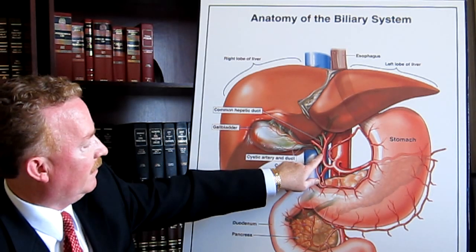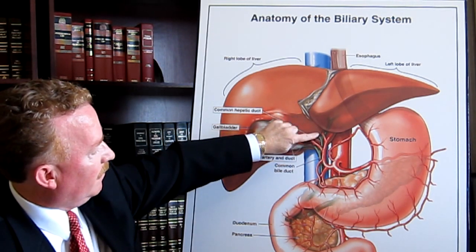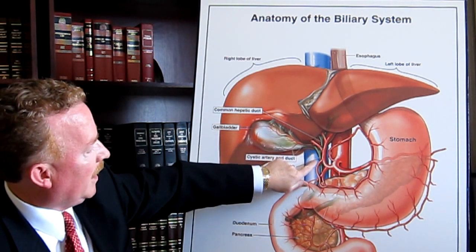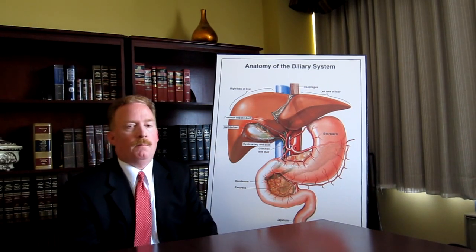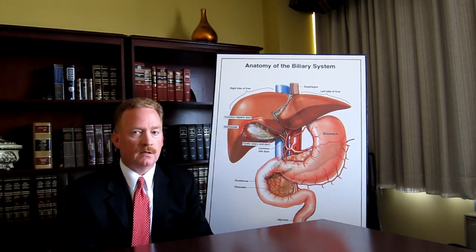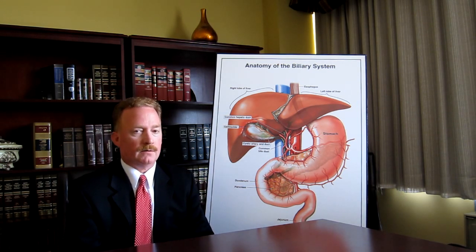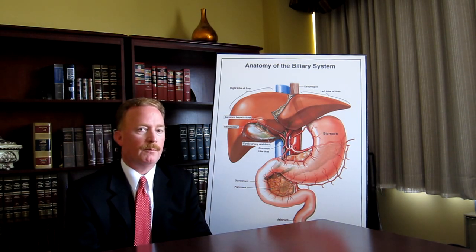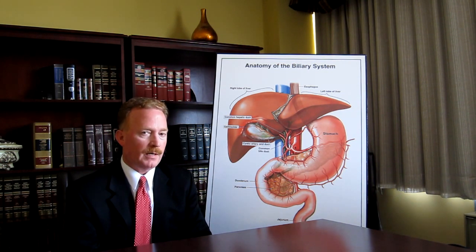When that happens, the bile that's produced by the liver cannot flow down through the common bile duct and into the stomach. Bile then backs up in the patient's liver, the patient becomes jaundiced, and the doctor then has to perform another operation to reconnect the bile duct so the bile can flow from the liver into the stomach.